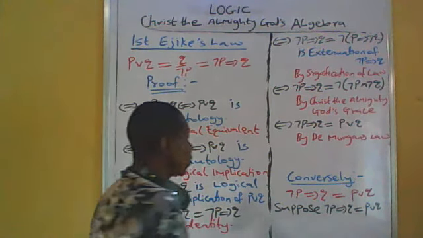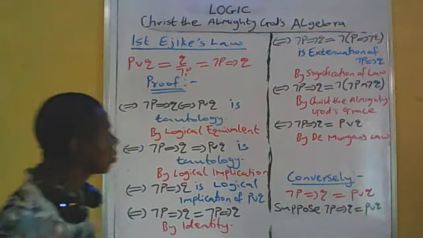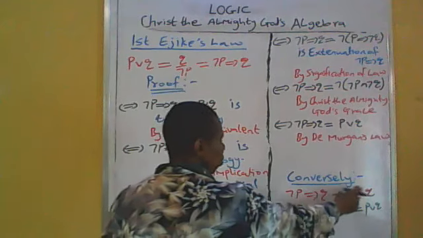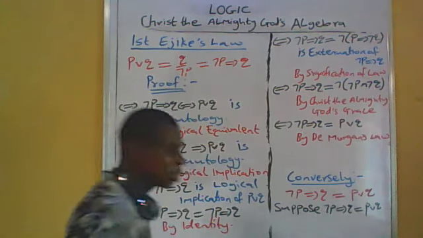If and only if, you say now you have proved the converse, not P implies Q equal to P or Q. That means you have now proved the converse.